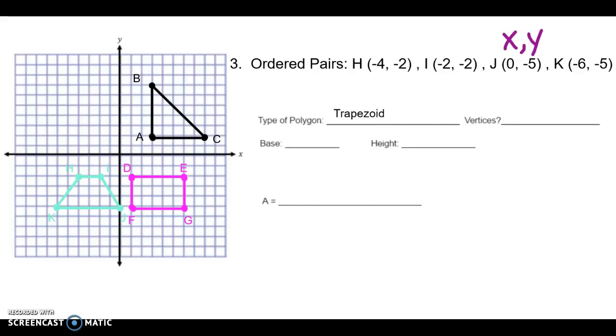Well, angle HKJ forms a vertex, angle KHI forms a vertex, angle HIJ forms a vertex, and angle KJI forms another vertex, leaving us with 4 vertices. And since this is a trapezoid, we do have 2 horizontal lines. Line segment KJ forms a horizontal line segment, and line segment HI forms a horizontal line segment.